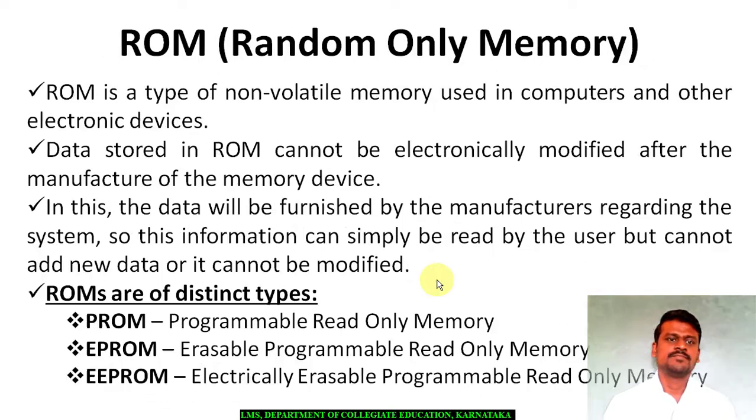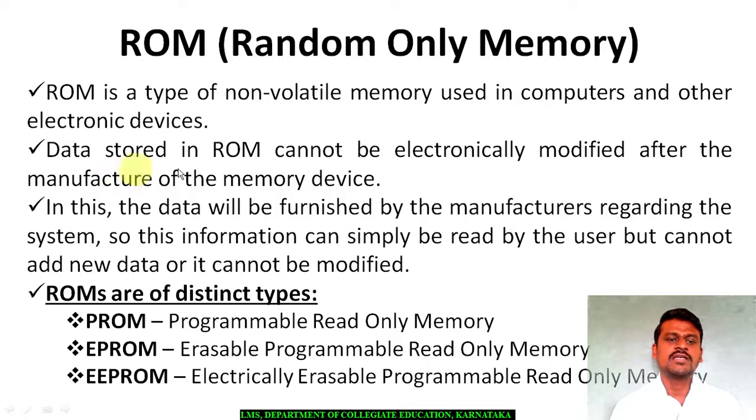Next, ROM is read only memory. Read only memory is also a type of non-volatile memory which is used in computers and other electronic devices. Non-volatile means it will be stored permanently, right?